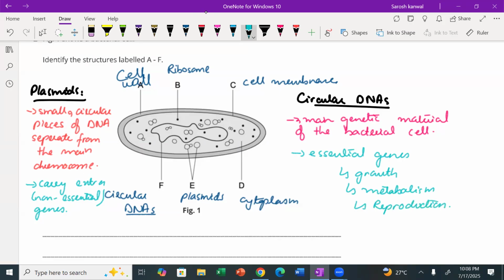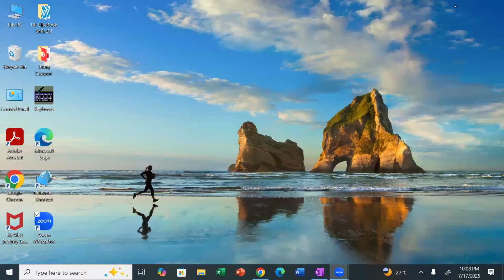Is that clear? So this one is the circular DNA, and these are the plasmids, the smaller ones. Is that clear, Laiba and Mipsam? Yes, ma'am. Okay.